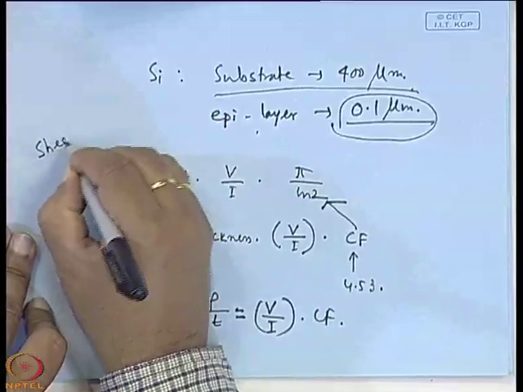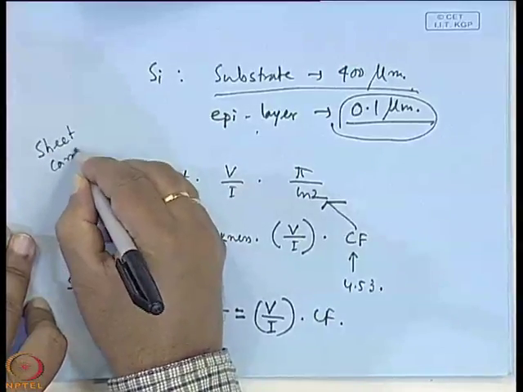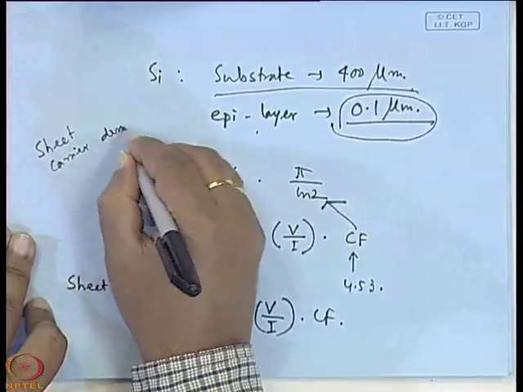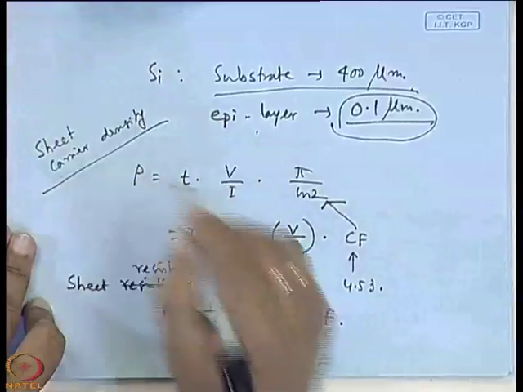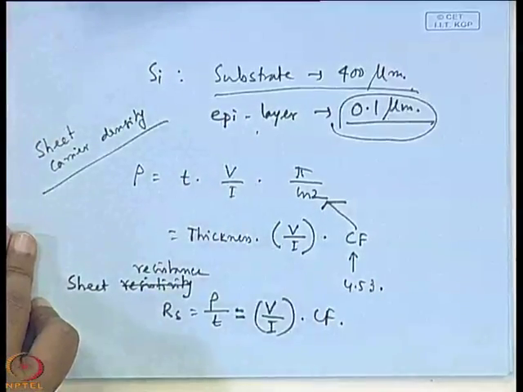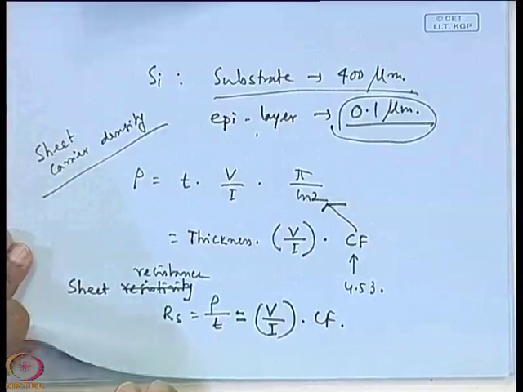In a later stage we shall find that for a thin sheet we have measured the sheet carrier density, that means the density of carriers in that particular sheet of material or in that thin film of material, right. So, this is the 4 probe method.